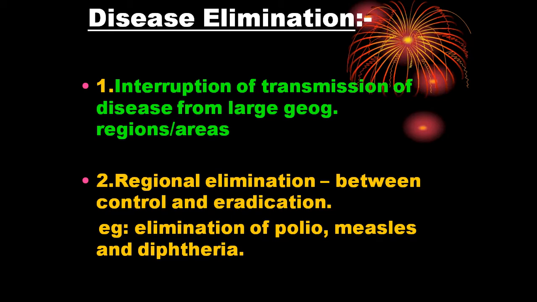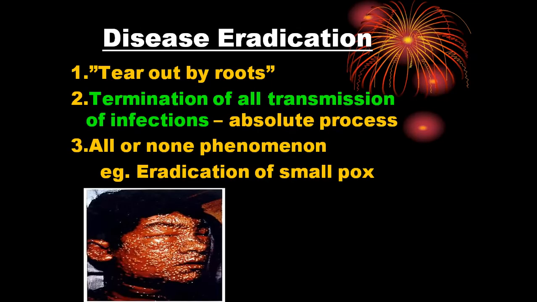We have eliminated only a couple of diseases, like polio, guinea worm disease, whereas bigger, more developed countries like the US and UK, they have eliminated a lot of diseases. So therefore, elimination. It is interruption of transmission, I repeat, from a certain geographic area or a certain country or a couple of countries. Eradication is total elimination from the world.